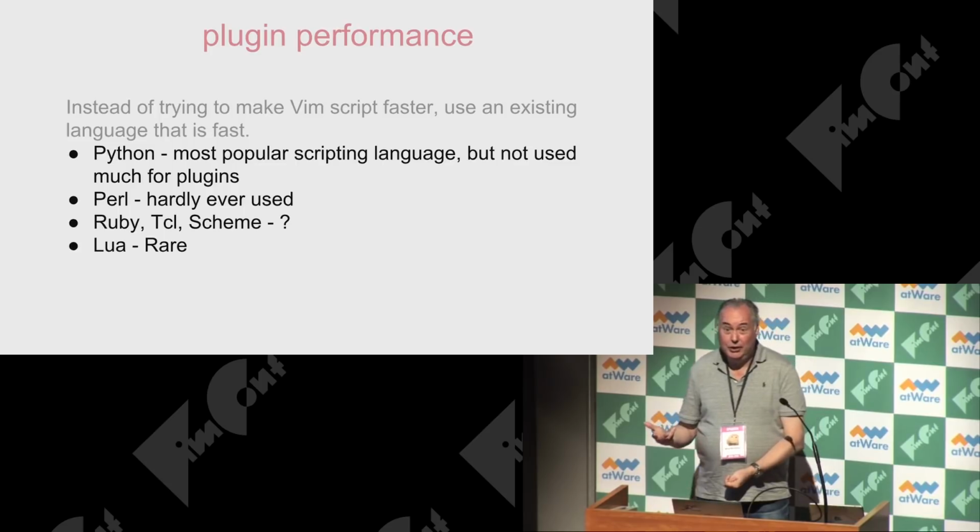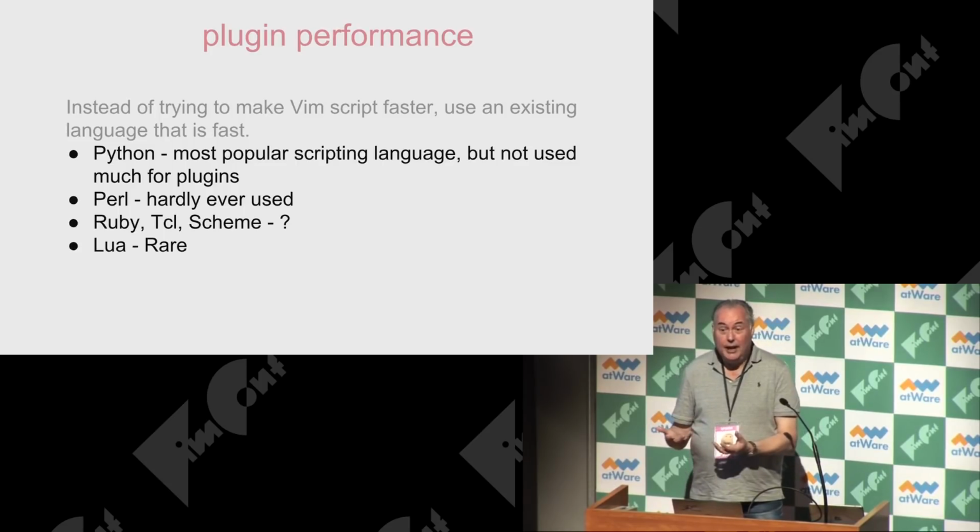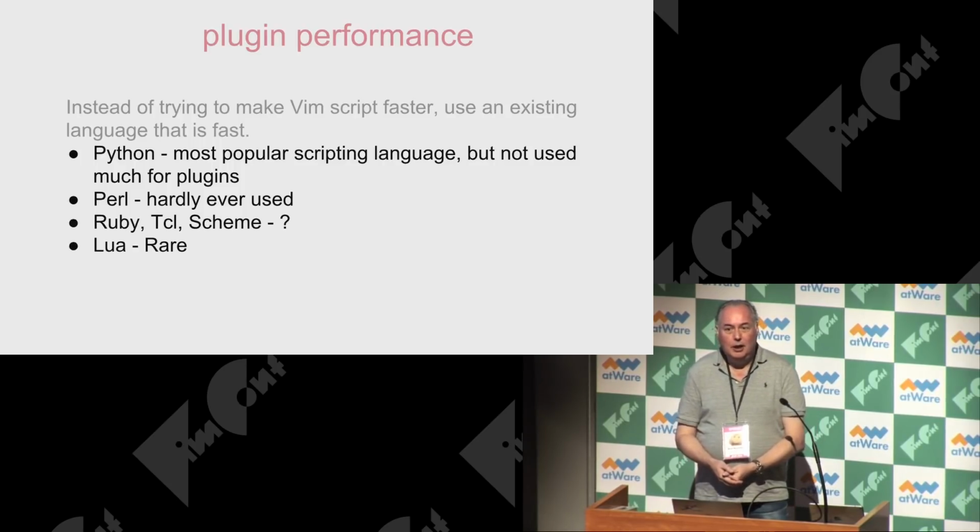They all exist, and they're there. But how many plugin writers actually use them? It's not much, unfortunately. There are a few, and especially Python seems to be the most popular. That's no surprise because Python is the most popular scripting language in the world, if you forget about JavaScript.